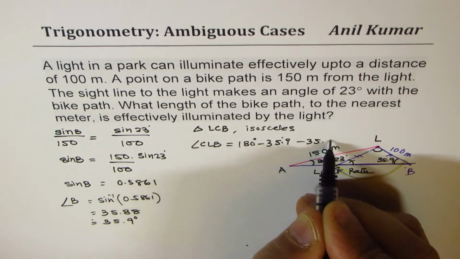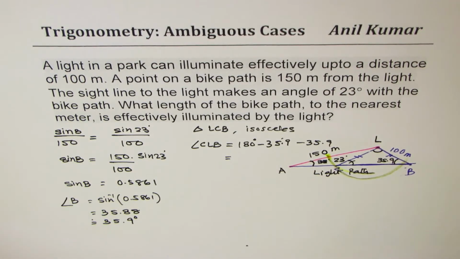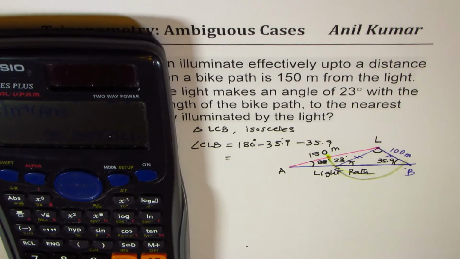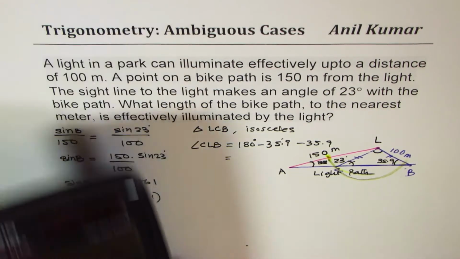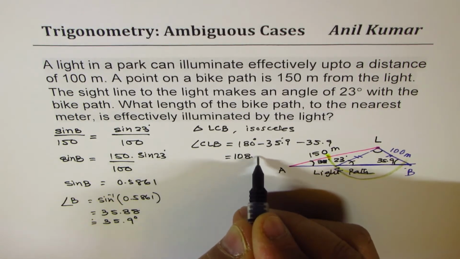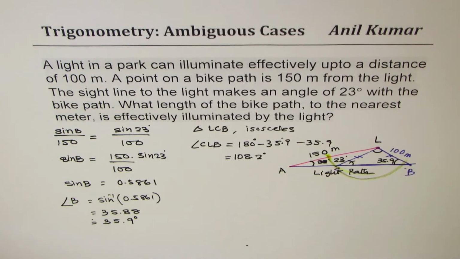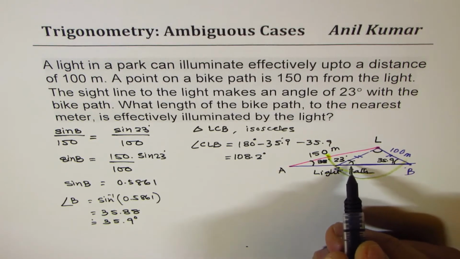You see that? Since it's an isosceles triangle, correct? So let's figure this out. We have 180 minus 35.9 minus 35.9, which in decimals is 108.2. Correct? And this angle, since it is an isosceles triangle, is actually 35.9.